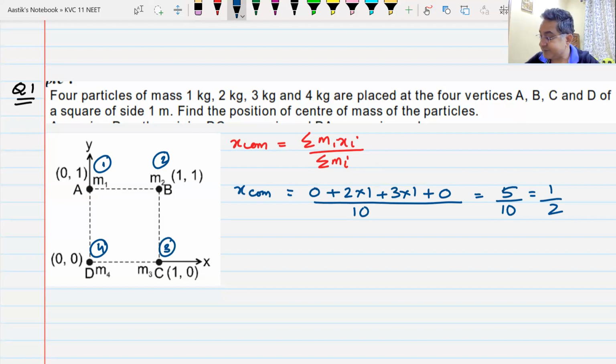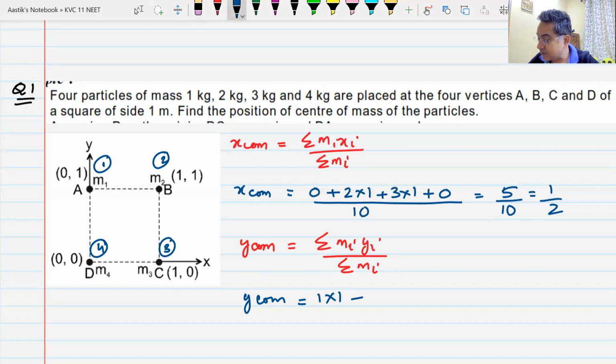It is half. How do I find the y coordinate of the center of mass? I will have to repeat the same process. I have to multiply the mass with the y coordinate and then divide it by the total mass. First mass is 1, 1 multiplied by 1, plus the second mass is 2, 2 multiplied by 1, plus 0.